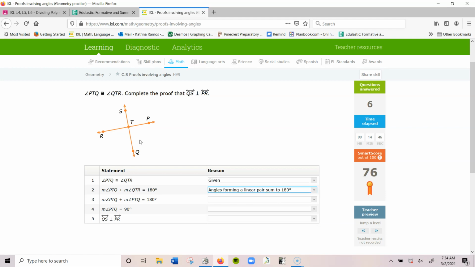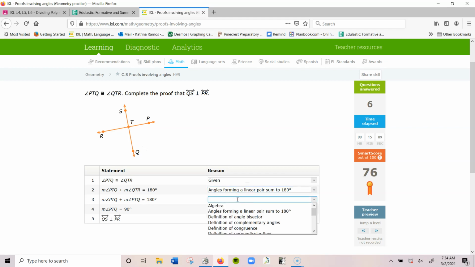Then here we have PTQ plus PTQ, so itself, is equal to 180. What they've done is they've substituted QTR with PTQ. See how it's the same exact statement. The only difference is that this was changed to this. So this would be substitution.